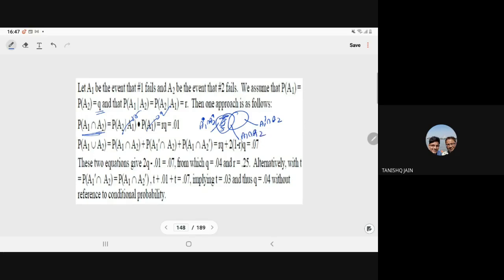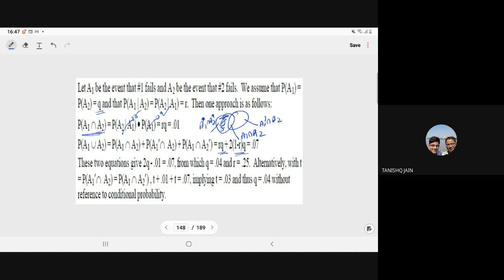So P of A1 union A2 can be written as the sum of the probabilities of the disjoint events: P of A1 intersection A2 plus P of A1 dash intersection A2 plus P of A1 intersection A2 dash. The first is RQ, and this becomes 1 minus R into Q, and we have this twice, so it becomes 2 into 1 minus R into Q. And this is given as 0.07.